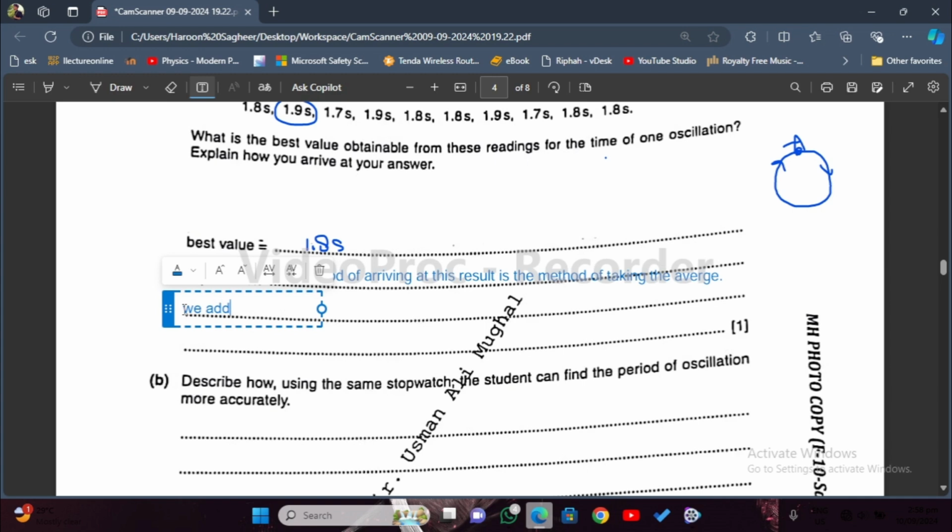We add all these time measurements and divide it by the total number of readings. Since there were 10 readings, that is the total number of readings.